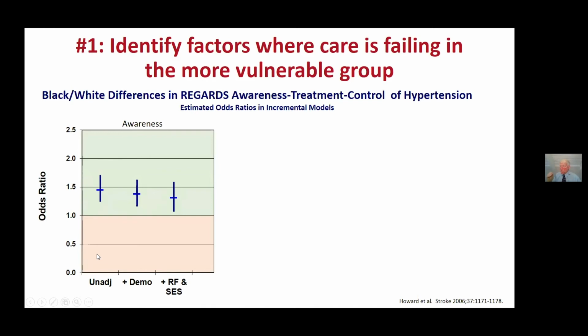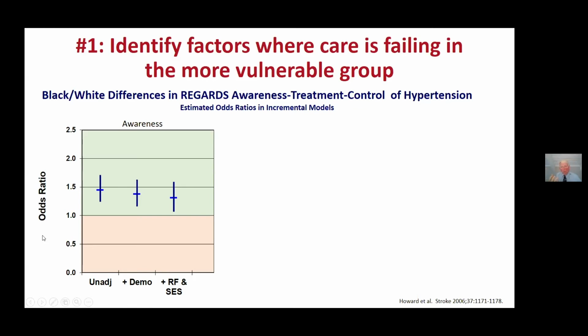Let me do that again, I messed up. Hypertensive African Americans have about 45% higher odds of knowing that they have the hypertension. It's not that they're less aware, they're actually significantly more aware of their hypertension.